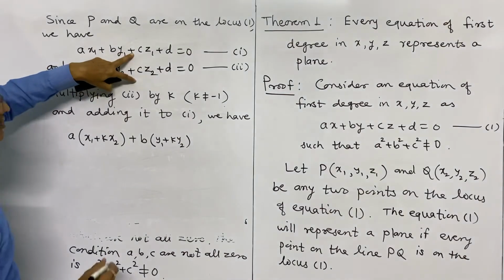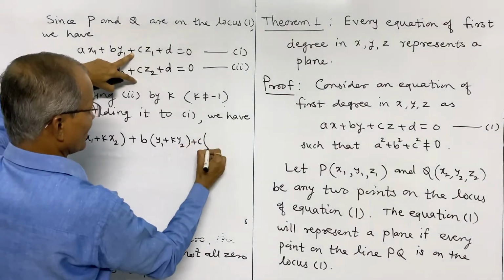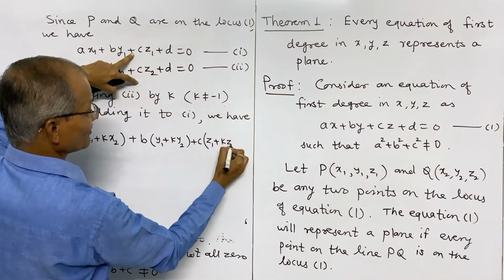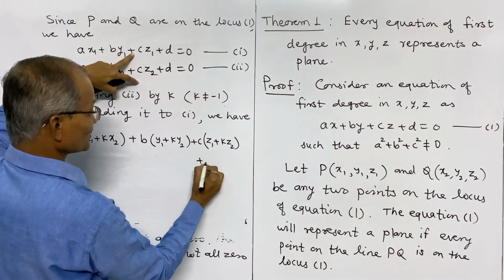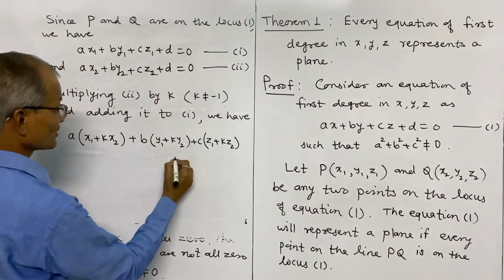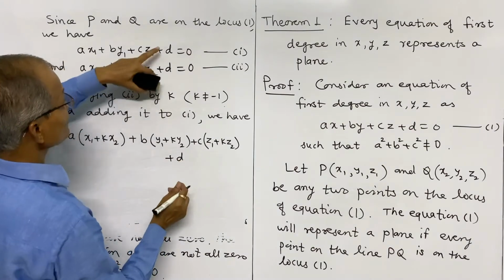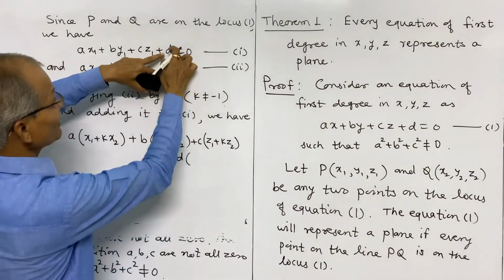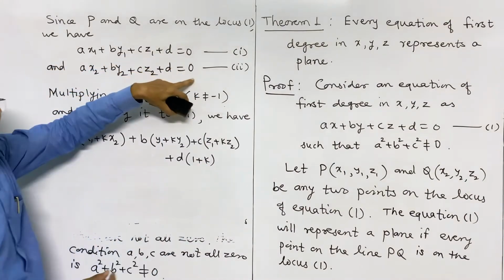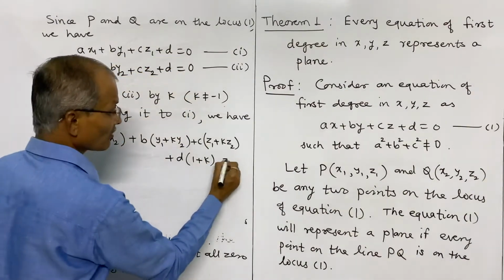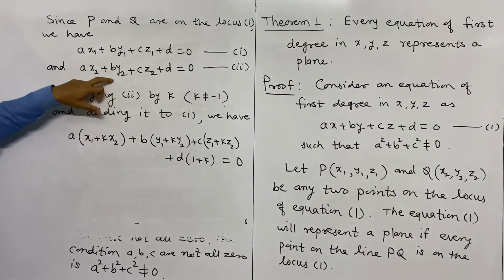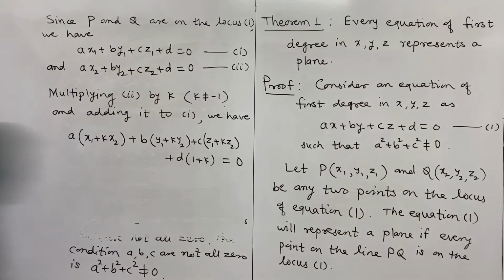Next here c is common, and inside the bracket it will remain z1 plus k times z2, and plus d is common, and in bracket it is 1 here, and we are multiplying by k in the second equation, and this is equal to 0. So this is the operation we have done, multiplying the second by k and adding it to the first.